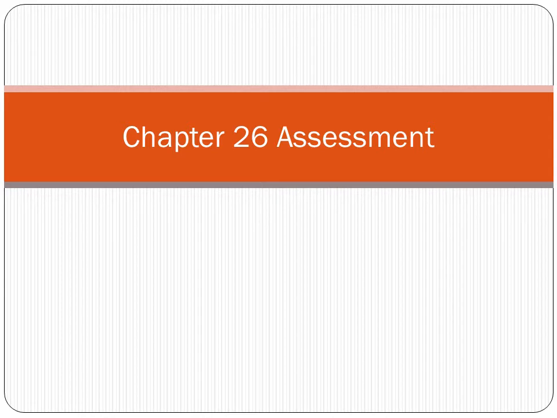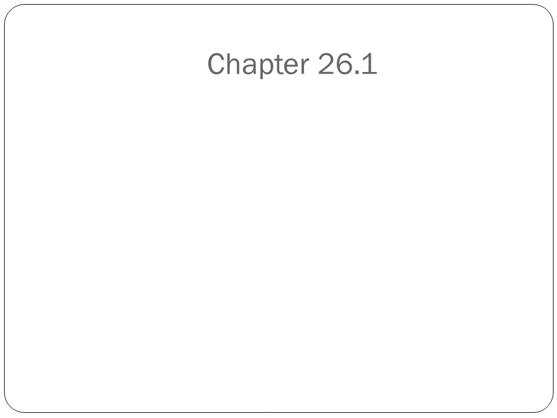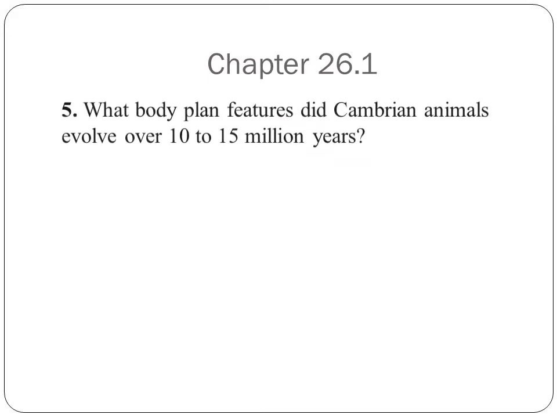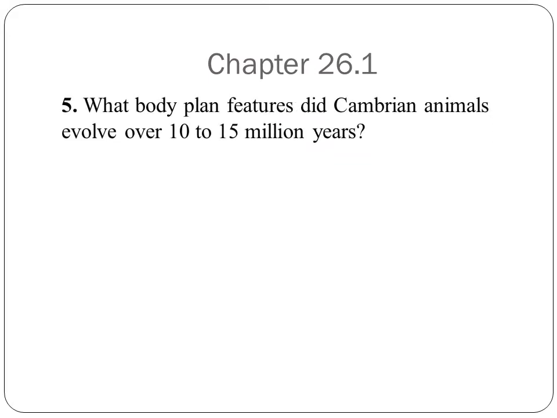Now let's start the chapter 26 assessment questions. We will start from chapter 26 lesson 1. Let's see the first question. What body plan features did Cambrian animals evolve over 10 to 15 million years?